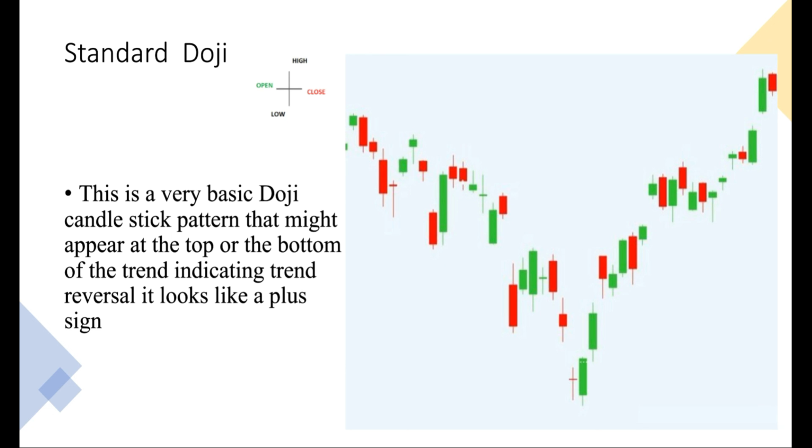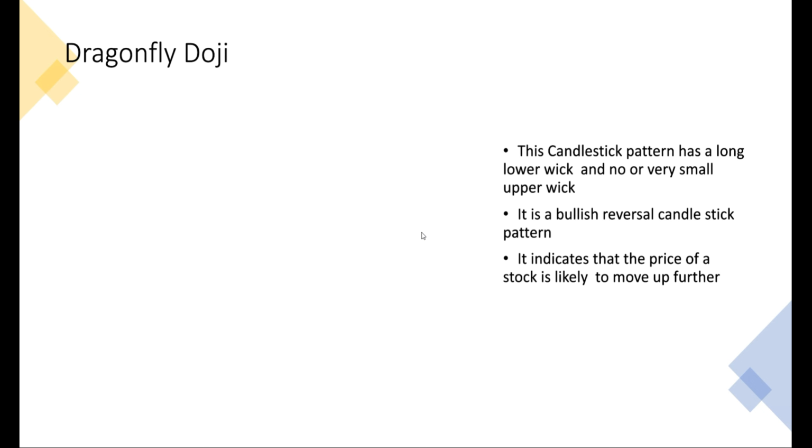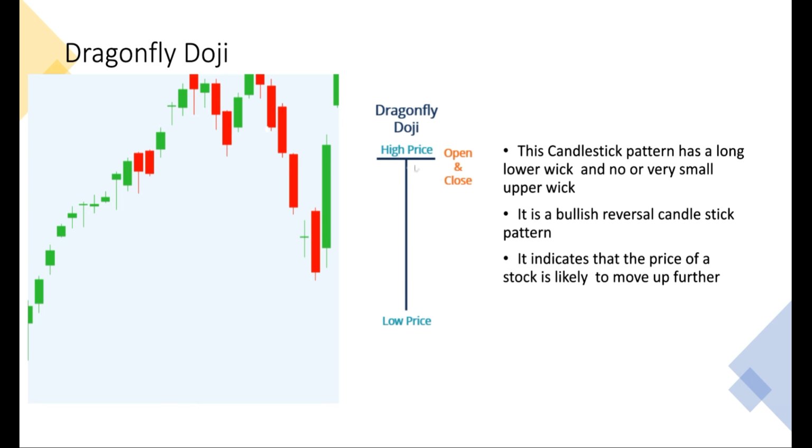The next type of doji we can see is a long leg doji. As the name suggests, the lower wick and the upper wick are quite long as compared to a standard doji. So this is how the long leg doji looks. And the third one is a dragonfly doji. A dragonfly doji looks almost like a T, in the sense that the lower wick is very long and there might be a small or no upper wick.